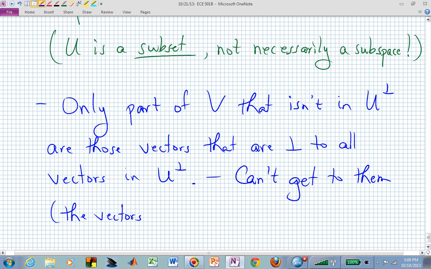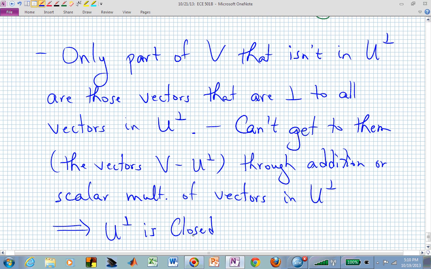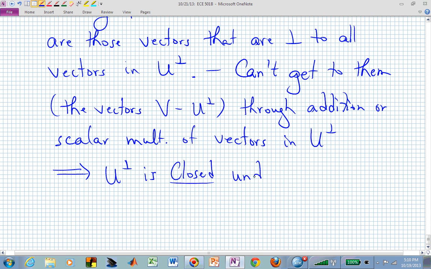One way you could think of that, the vectors in V minus U perp, is that they can't be reached through addition or scalar multiplication of vectors in U perp, which says that U perp is in fact closed under arbitrary linear combinations in U perp.